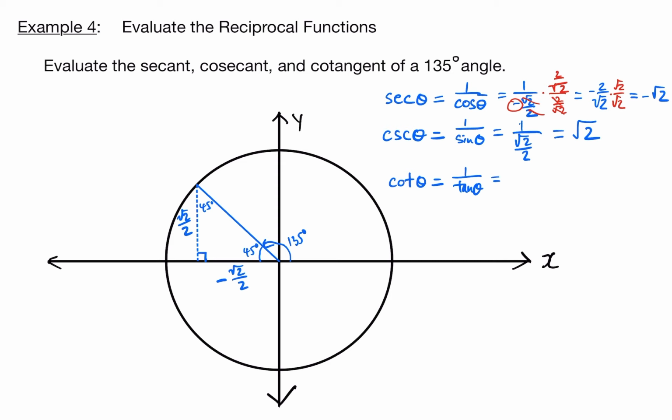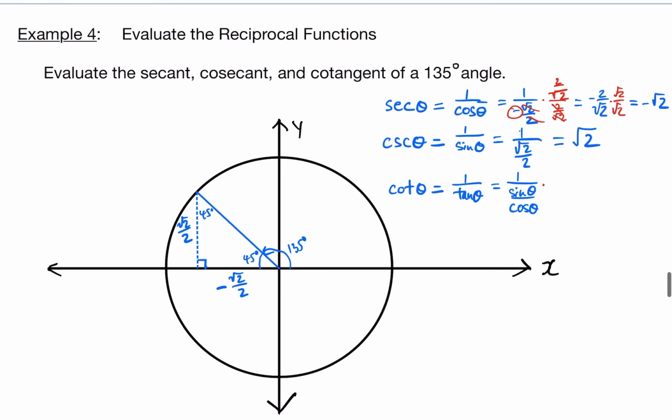So we know that 1 over tangent, we know that tangent is going to be sine over cosine. So sine of theta over cosine of theta. We've got to flip this around, so we need to multiply this entire fraction by the reciprocal, which is cosine of theta divided by sine of theta. We need to do the same thing at the top, cosine of theta over the sine of theta. And the beauty of multiplying by the reciprocal is that these functions cancel each other out.